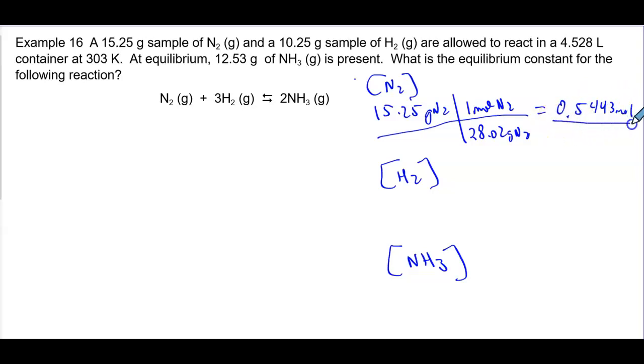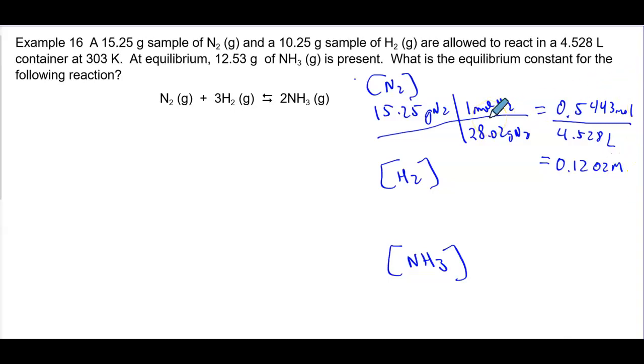I'm going to divide by the volume, 4.528 liters, and we're going to get an answer here. I'm going back in and putting these numbers back in, so if you're doing it with me and you're not clearing your calculator out, you might get slightly different values based on how we are rounding. Okay, so that's the concentration for that one.